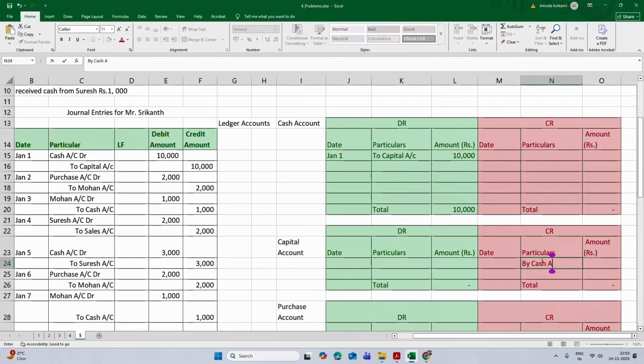So by cash account 10,000. Now on Jan 2nd, purchase account is debited to Mohan's account.